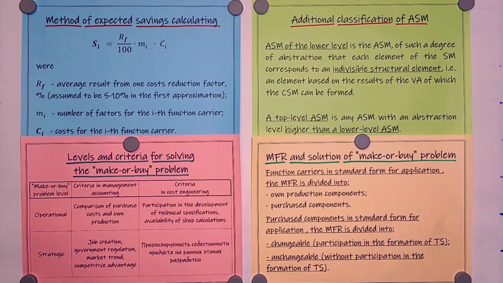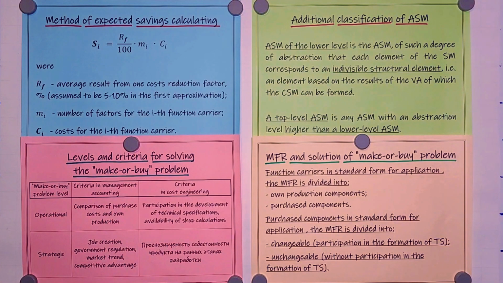Roughly speaking, if all components are purchased products, i.e., have the status of buy, which can be divided into non-changeable components, or components in the formation of the technical specification for which we do not participate, and changeable components, i.e., for which we form the technical specification, then we will be able to adjust the production costs of the product with a limited number of tools, mainly through commercial negotiations, the effectiveness of which will mainly depend on the volume of purchases and market prices, and slightly on the availability of arguments in the form of calculations for similar products.